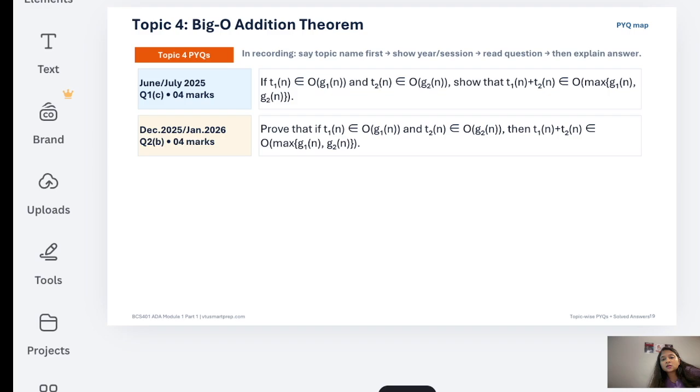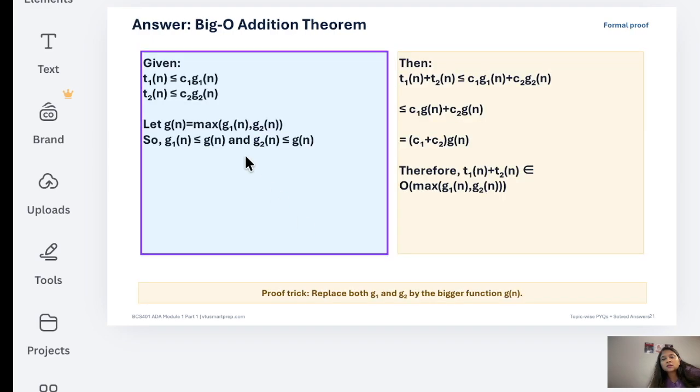So the same thing I'm just writing as: what it means is t1 of n is less than or equal to c1 of g1 of n. Similarly, t2 of n is less than or equal to c2 of g2 of n.